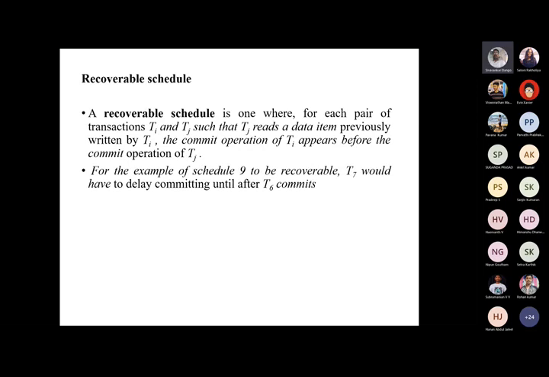A recoverable schedule property states that for a pair of transactions TI and TJ that are executing concurrently, and TJ reads a value of a data item that was previously written by TI, the commit operation of TI should appear before the commit operation of TJ. Then it's possible to make it a recoverable schedule. So for example, for schedule 9 to be recoverable, T7 has to delay its commit operation until T6 commits.